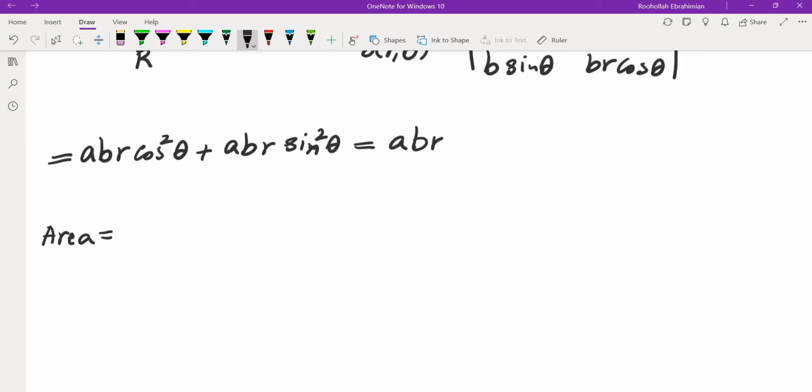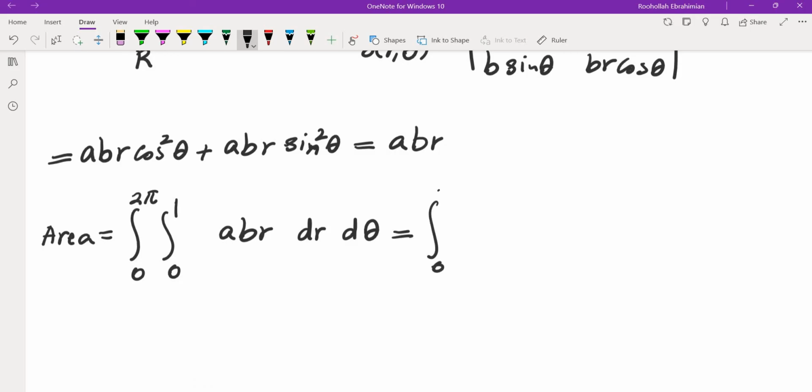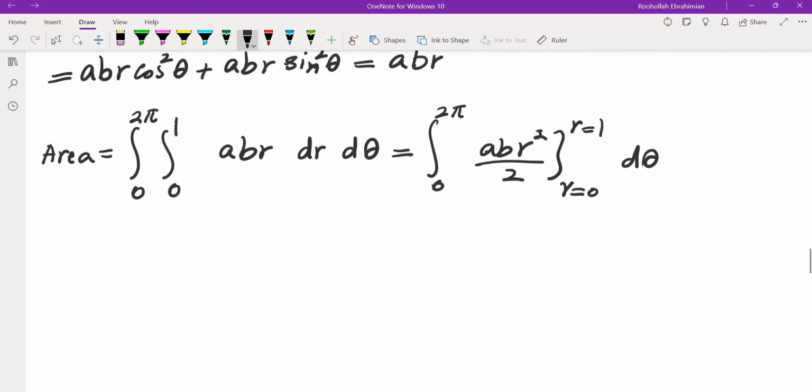So area becomes a b r dr d theta. And we discussed why r goes from 0 to 1 and theta goes from 0 to 2 pi. And this is a very easy integral to evaluate. And hopefully at this point you actually know what the area of an ellipse is so that you can check your answer.